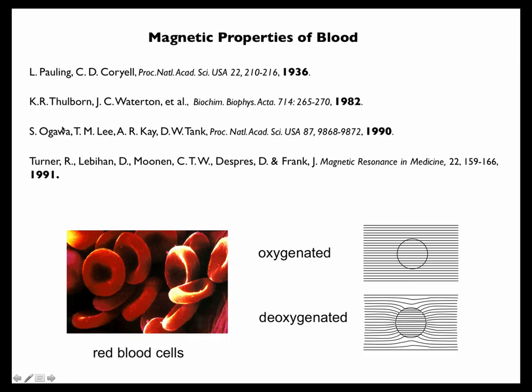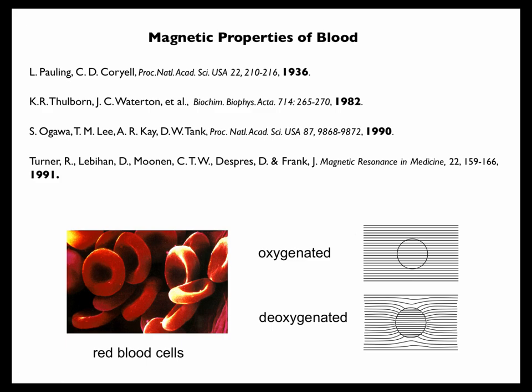In 1982, Keith Thulborn discovered that this susceptibility effect actually changed the relaxation properties of water, mostly T2. He didn't measure T2 star. He measured the T2, which is the transverse relaxation. It changed that.